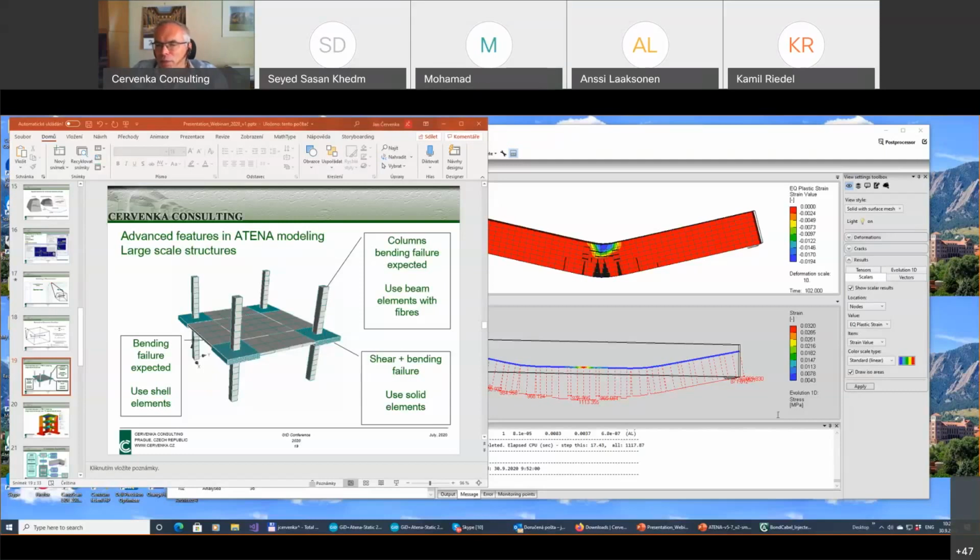Maybe you can write me an email and I can find some original reference where it was used for the first time. But nowadays, I would say it's a basic, almost standard approach used by many finite element codes for reinforced concrete. All right, okay, so let me continue with my presentation.